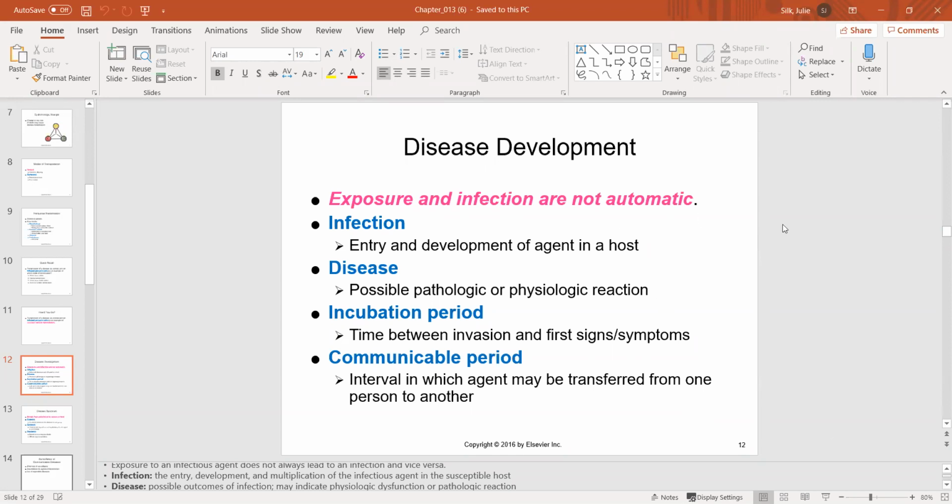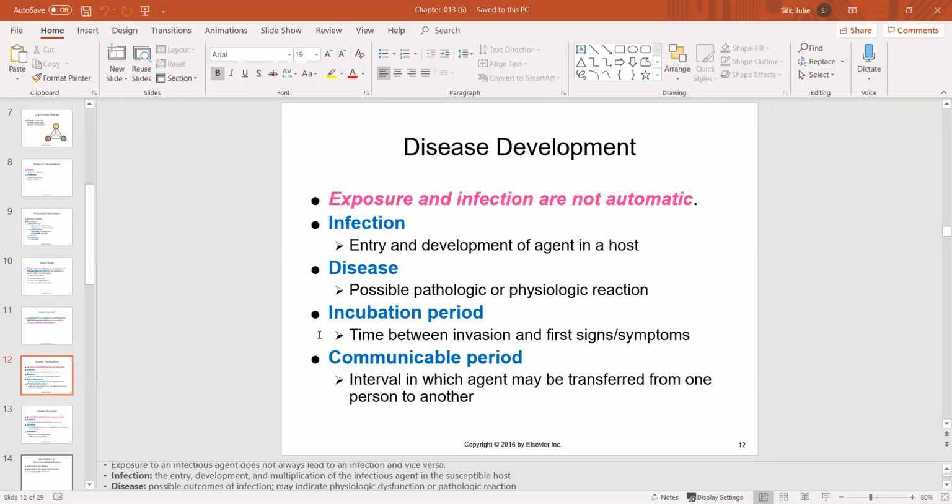All right, so this slide is talking about how, to be infected with something, you have to have an entry point to get into that vector, that body, and development of an agent in a host. So once the infection gets into your body, it has to multiply and do its thing in there. For you to get the disease, you end up having some physiologic symptoms, so you actually have signs and symptoms to know that you have it.